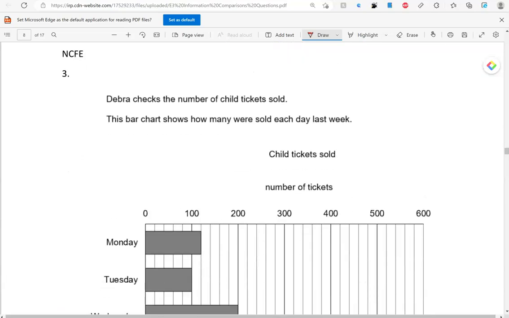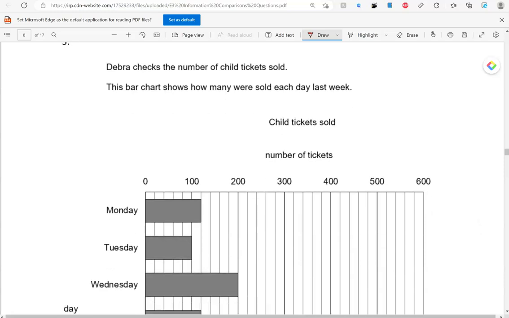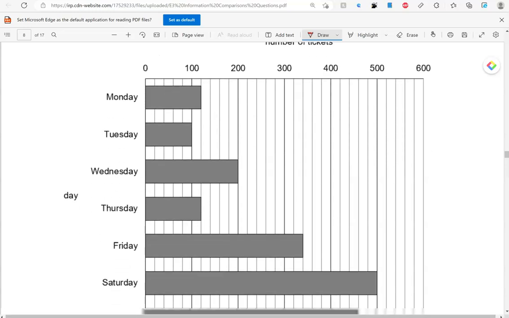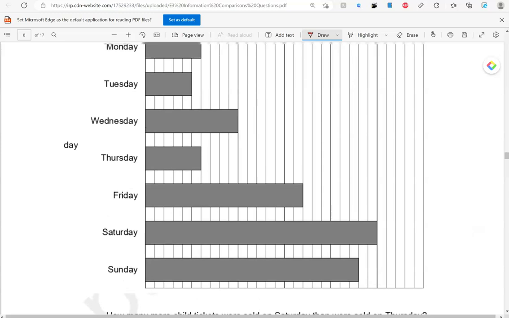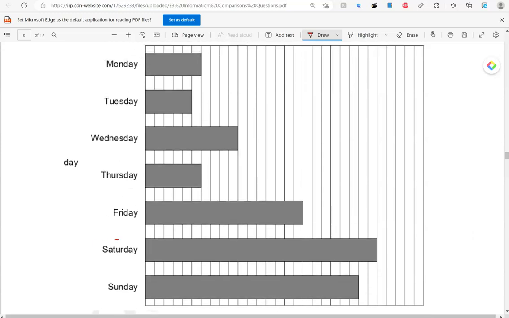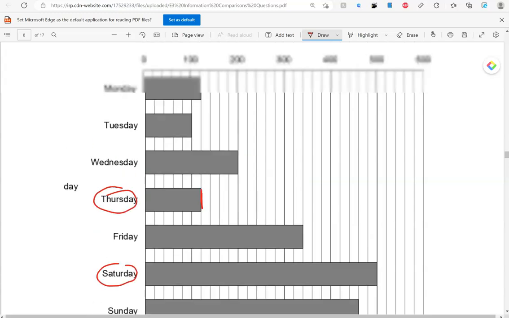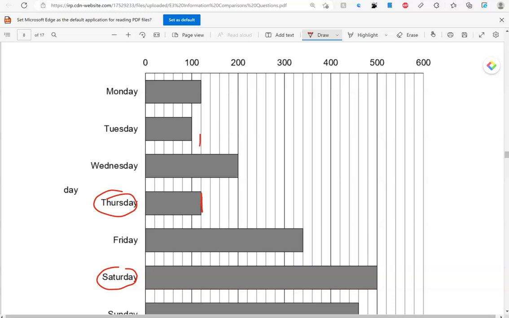Deborah checks the number of child tickets sold. This bar chart shows how many were sold each day last week. How many more child tickets were sold on Saturday than were sold on Thursday? So we're comparing Saturday with Thursday. Thursday, we've got between 100 and 200.